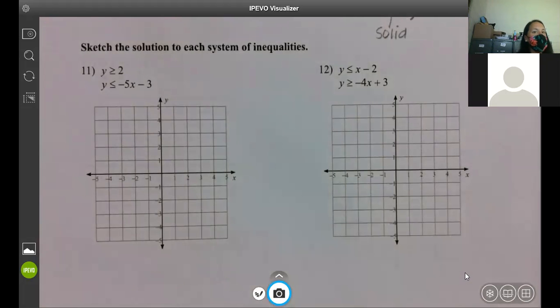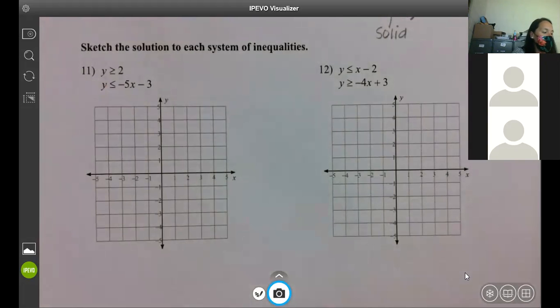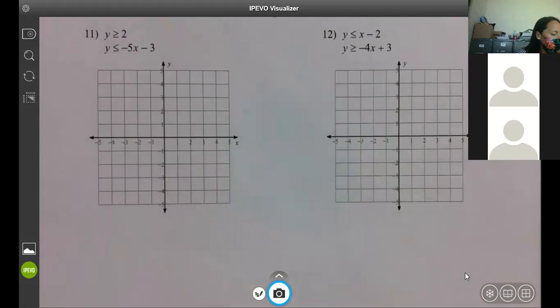So how do I graph just y equals 2? Anybody? How do I graph y equals 2? And then what do I do, though? What kind of line is that? Is it solid or dashed?